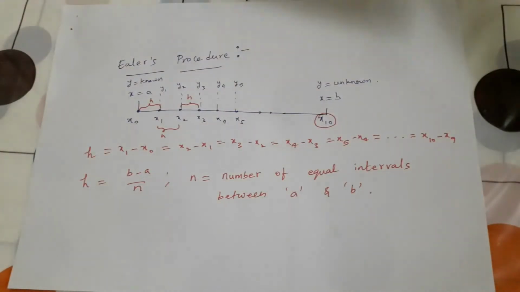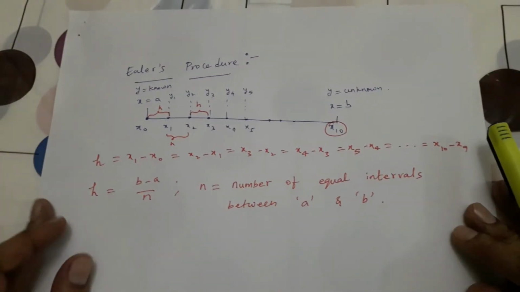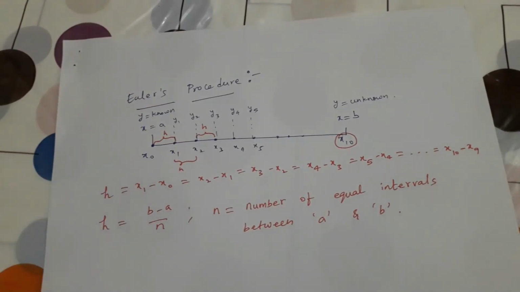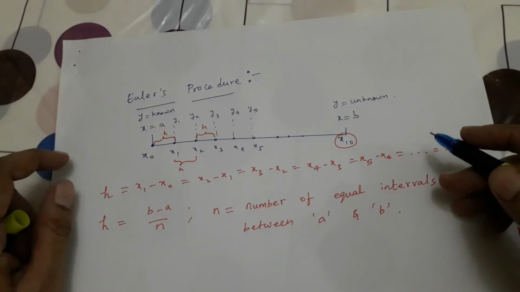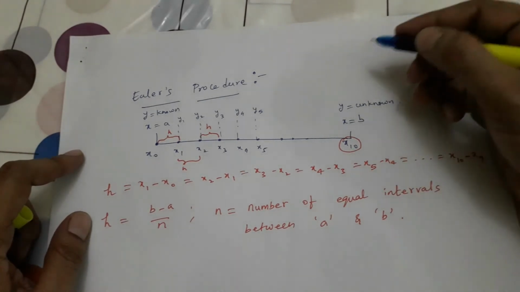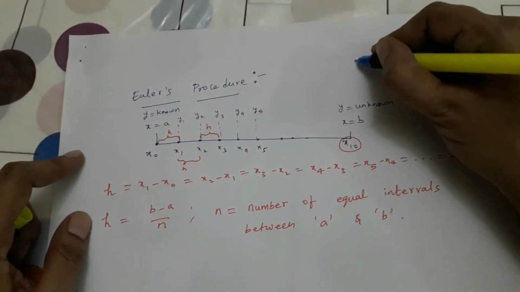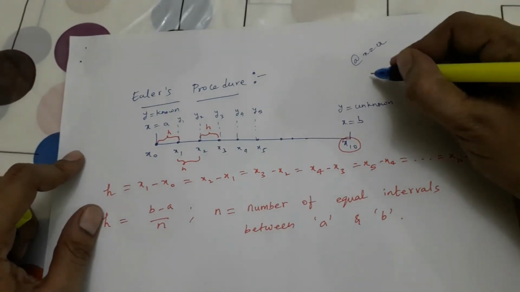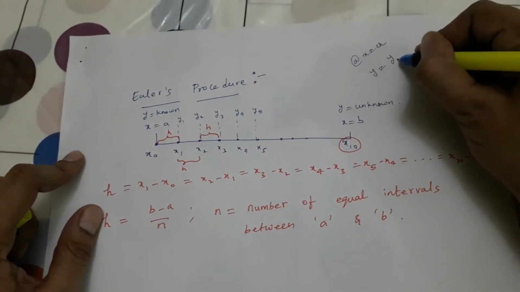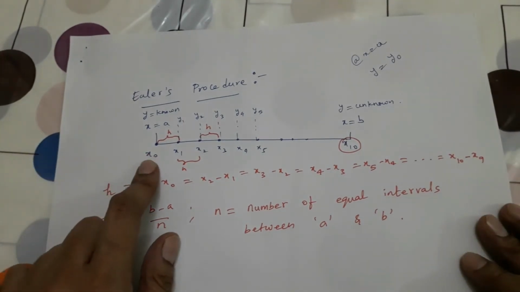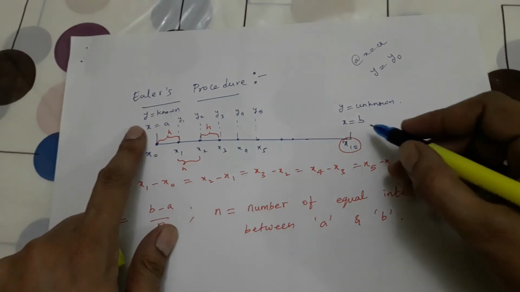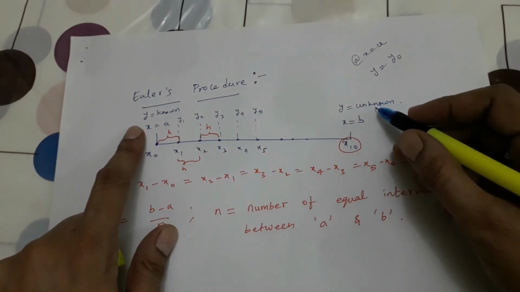So how does Euler's method work? You have an initial value problem. At x equal to 0, or at x equal to a, the value of y is known, that is y naught. At x equal to b you don't know the value of y.